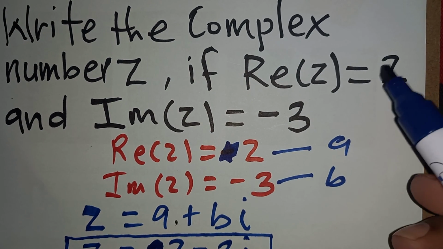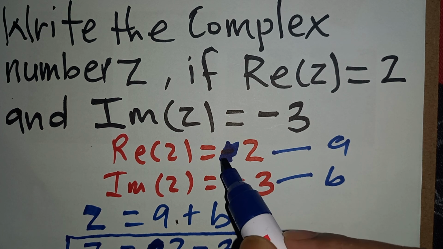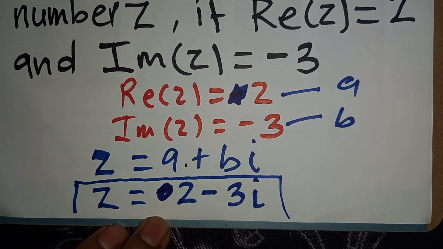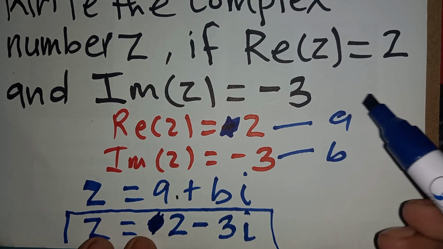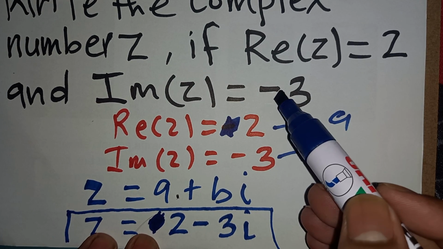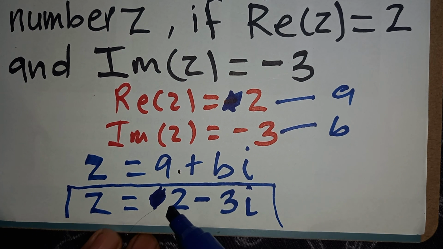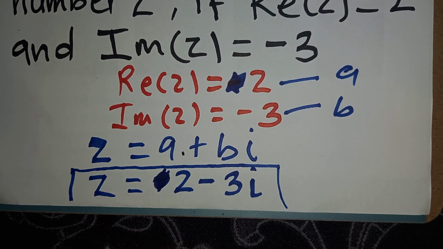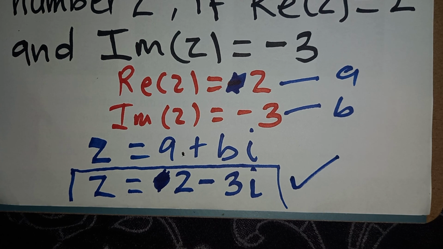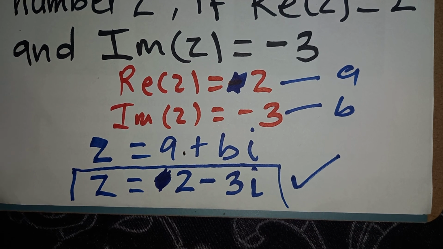Okay, it should be positive 2 here, right? I've written negative 2. Okay, so now it's correct. There shouldn't be negative sign here. So real part is 2, imaginary part is negative 3. So 2 minus 3i, right? So that is how we write. Okay, all right.